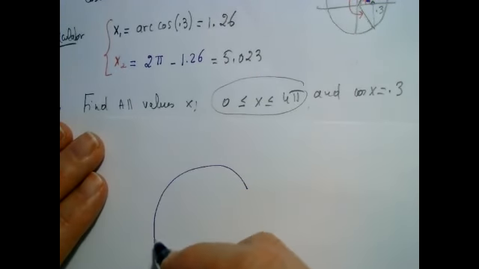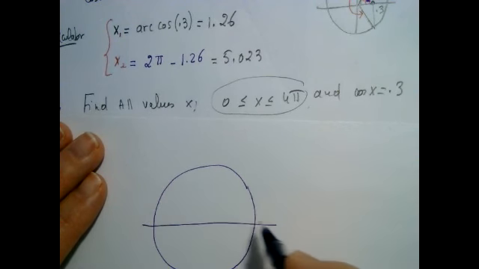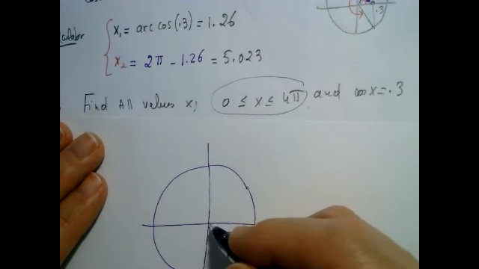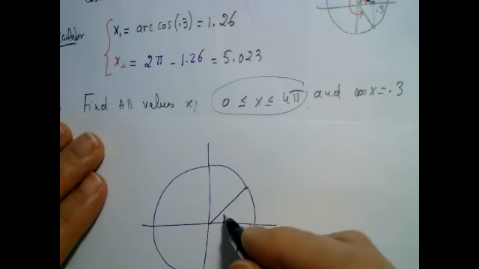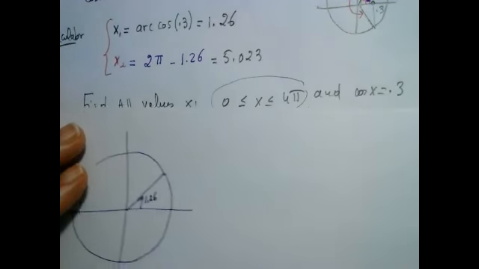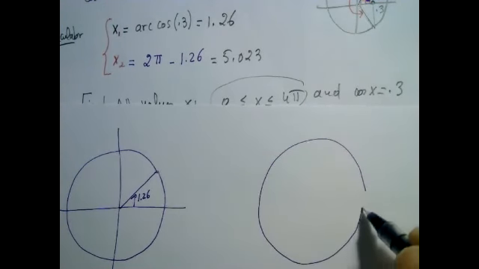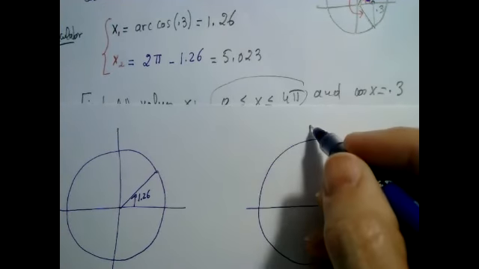So, let me show you the picture on the unit circle. I found 1.26. This is 1.26. Okay, and I found another one. I'm drawing two circles so I can explain the picture.